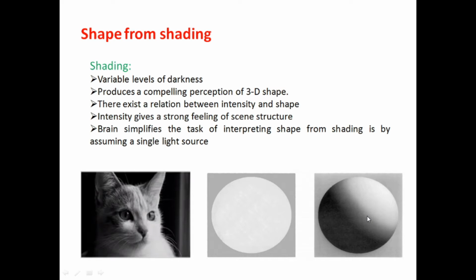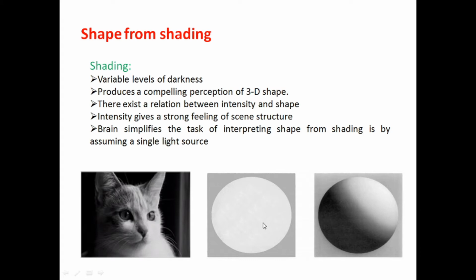As I have said, it is exhibiting variable levels of darkness, so definitely the intensity varies. Because of the intensity variation, I am able to trace out what the shape of the object present in the image actually is.